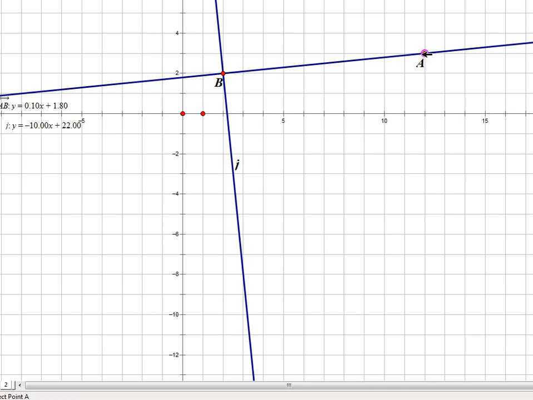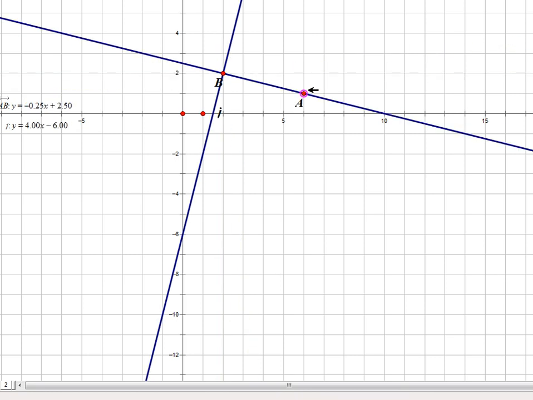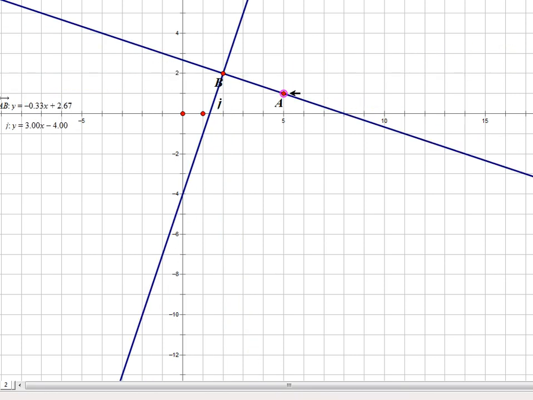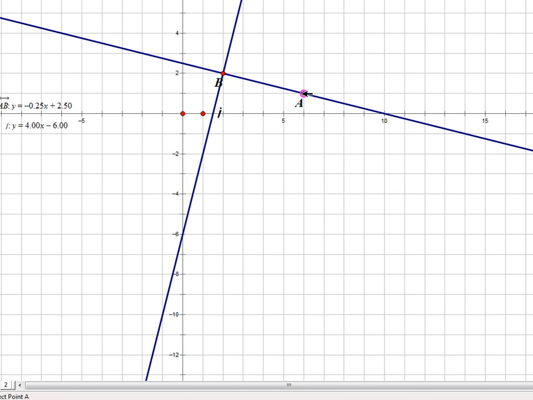If I make one 4, then the other one will probably be negative 1/4. So I'll make this one 4, and the other one is negative 1/4. If I make this line have a slope of 2, then the other line will have a slope of what? It won't be 1/2.